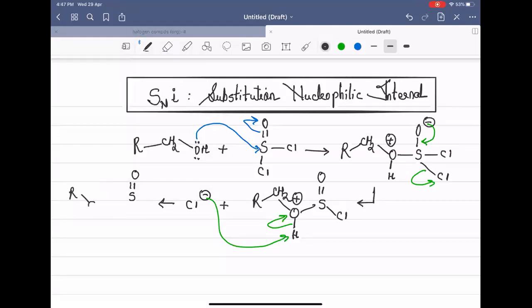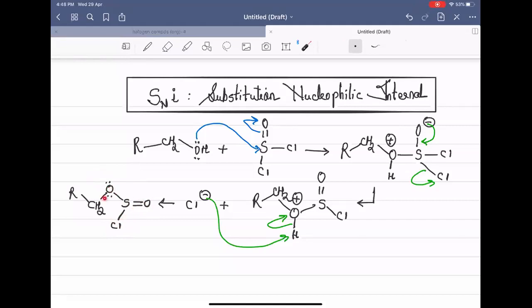Here this is what you get, but here you find that H is gone, so you have SOCl connected here.